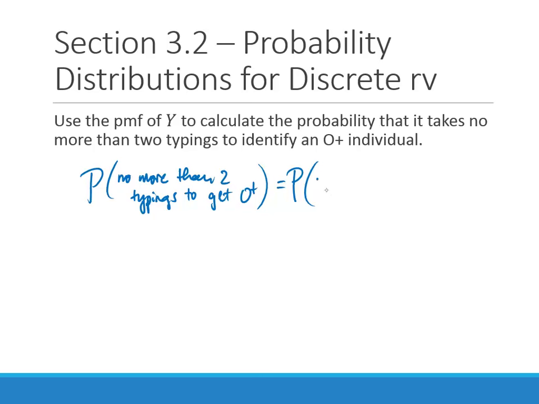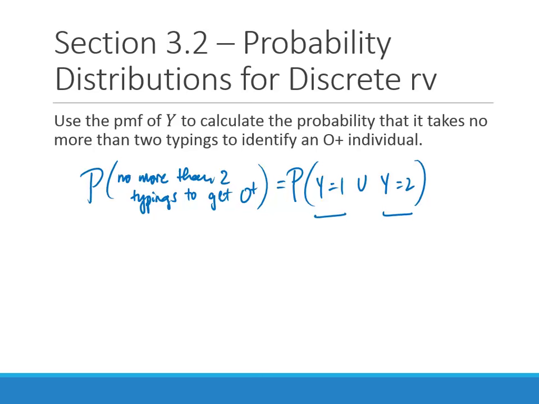Yeah, right. So this is the probability that Y equals 1, or, so union, the event that Y equals 2. So I have the probability of one event union with the probability of the other event.